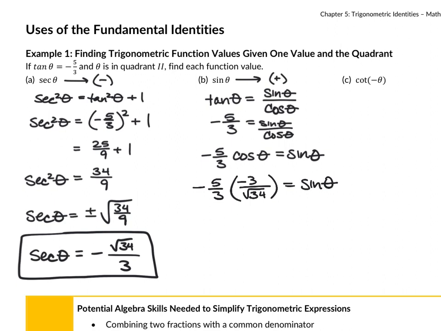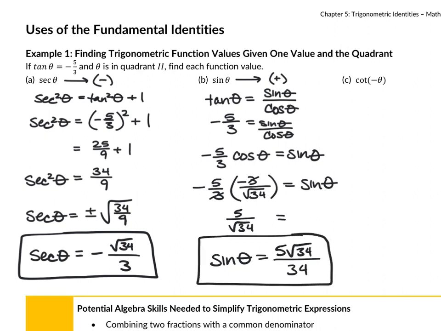In for cosine. Let's start reducing some stuff. So the negatives will cancel each other out. The 3's will cancel each other out. We end up with 5 over square root 34, which, yes, you will rationalize that denominator so that you end up with sine of theta being equal to 5 times the square root of 34 over 34. And notice that this answer is positive, which we knew from the start should be positive.